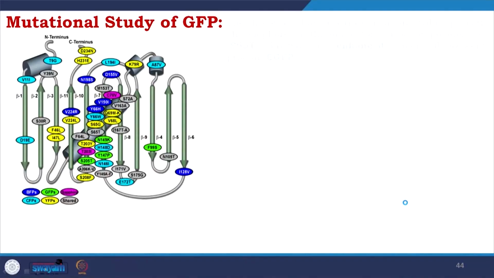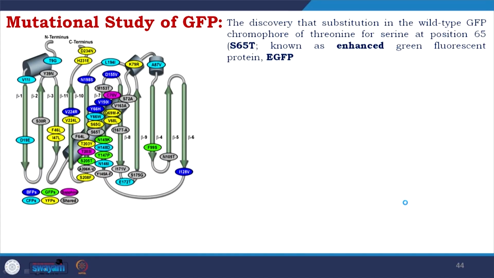A series of mutations, as I told, I have tried to give you a map. The mutation starts with the wild type GFP in Cyan lab, in Rogers lab, where they mutated serine 65, part of the chromophore, to threonine. They made a mutant where the green fluorescence color is very enhanced.